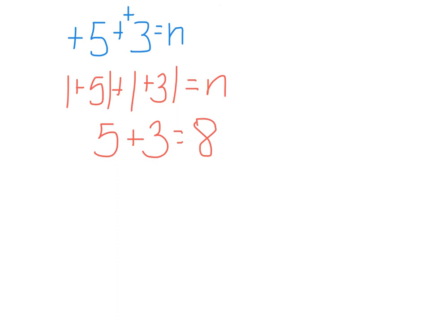Now we look up here, our signs were both positive, so that means our answer is positive. If both signs are positive, the answer is going to be positive. If both signs are negative, the answer is going to be negative.